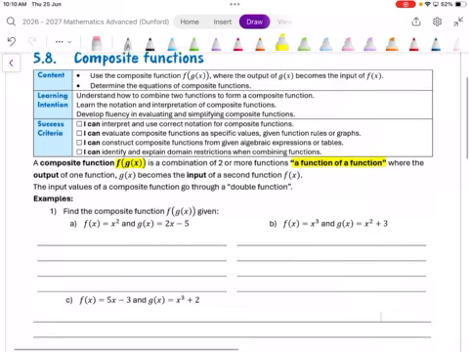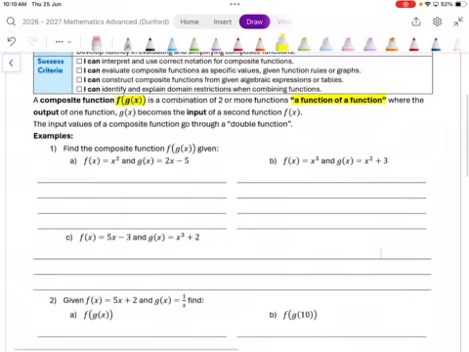So how we do this is we want to find the composite function f of g of x, given that f of x is x squared and g of x is 2x minus 5. So f of g of x is f of 2x minus 5.